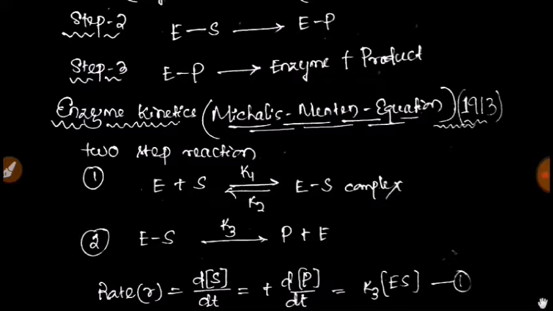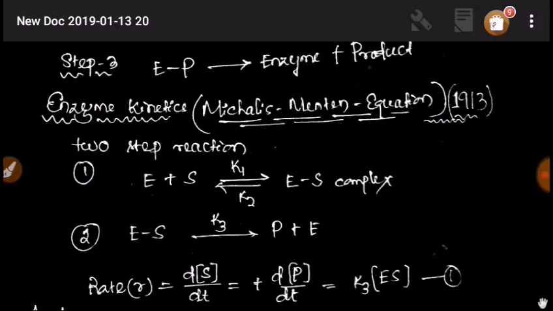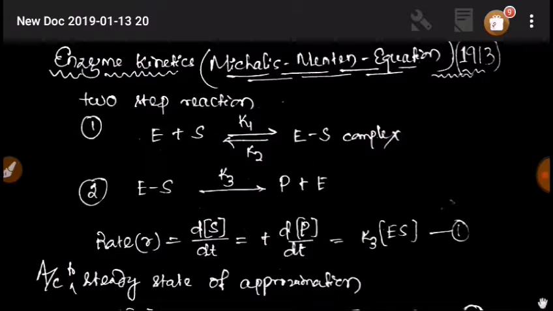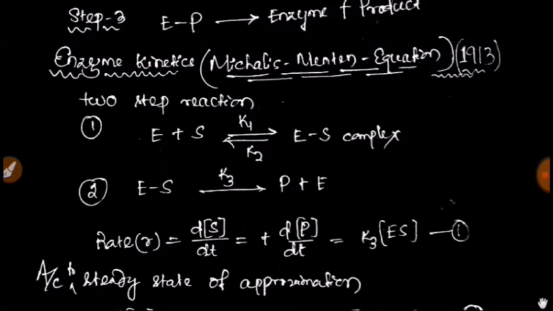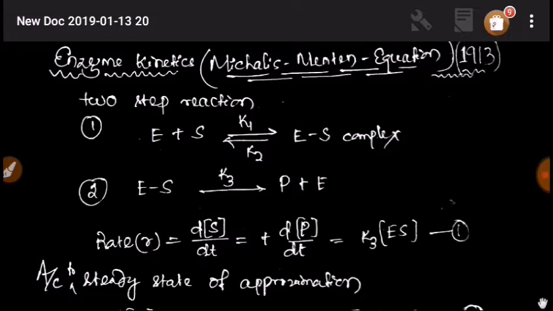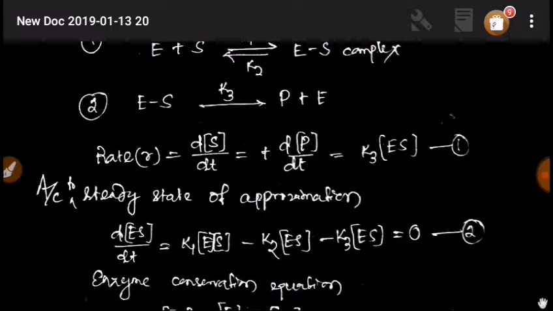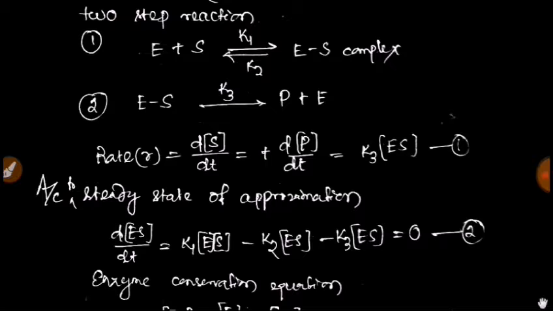K3 is the third rate constant. You can also form the rate: the rate of dS by dt is equal to plus dP by dt, equal to K3 ES. According to the steady state, we can apply it in this equation: dES by dt is equal to K1 E S minus K2 ES minus K3 ES.